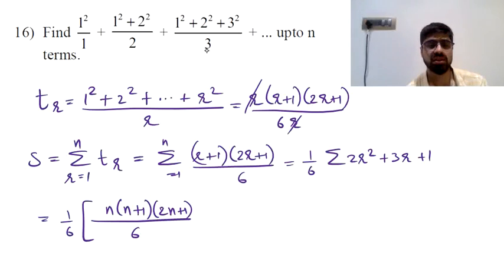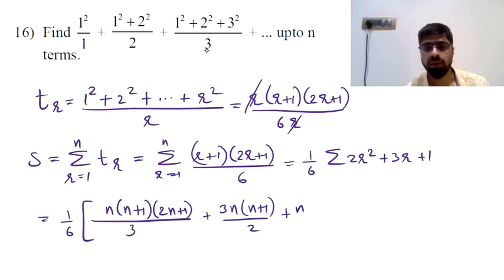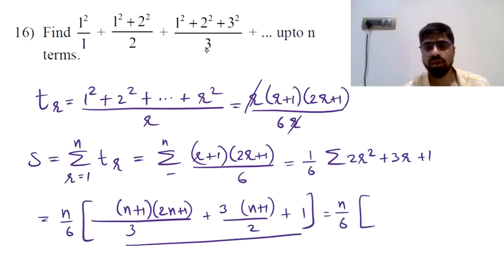That 6 gets cancelled with the 2 here, and you are going to have a 3 in the denominator, plus 3 times summation r, that's 3n into n plus 1 divided by 2, plus summation 1, which will be equal to n. You can pull out an n common from the terms here. So you have n by 6, and finally you can take an LCM here. LCM of 3, 2, 1 is going to be 6.